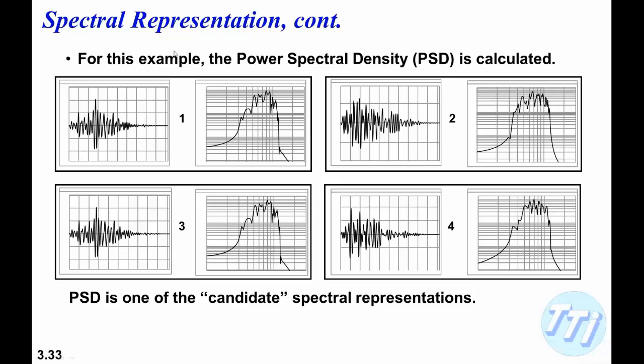So for this example, what I'm going to do is calculate the power spectral density of each of the time histories, and those all look like these here. Other possibilities are shock response spectra, lots of other spectral calculations that we talk about in other parts of this class.